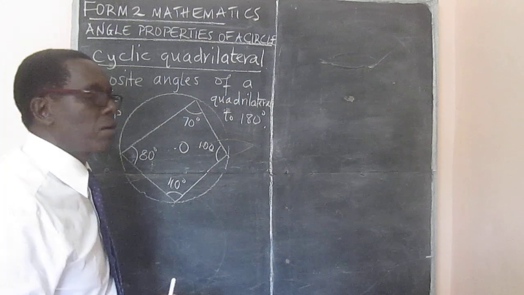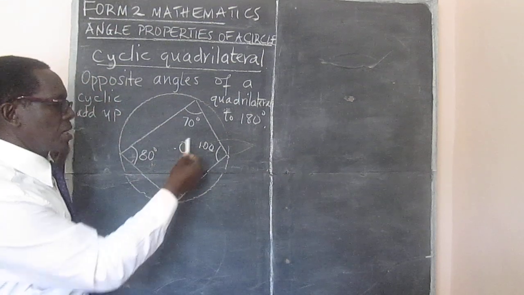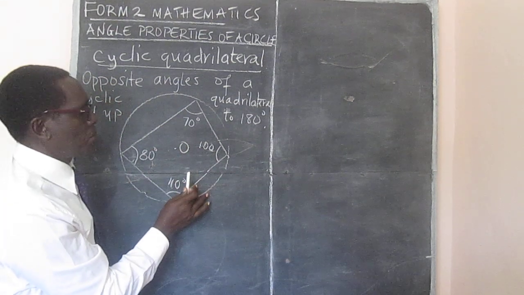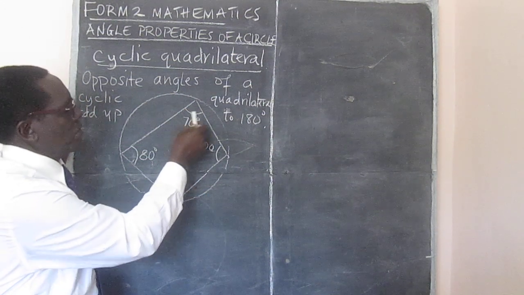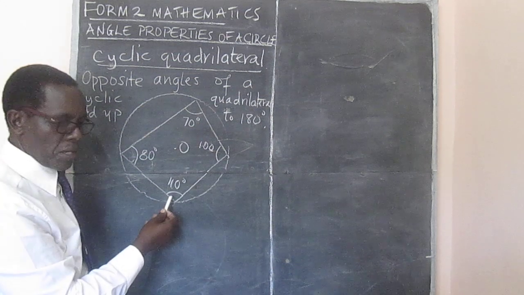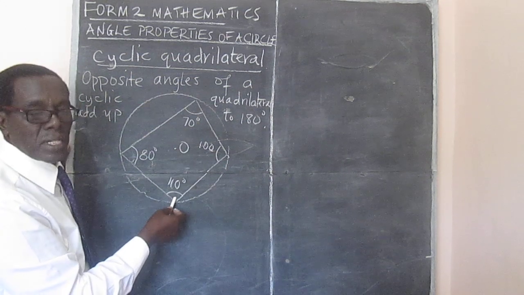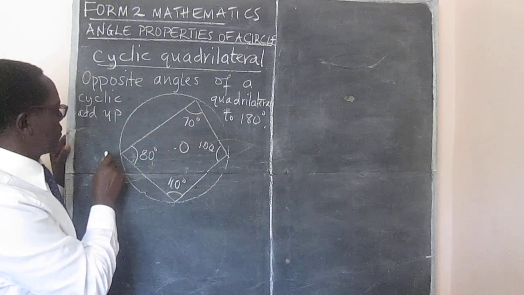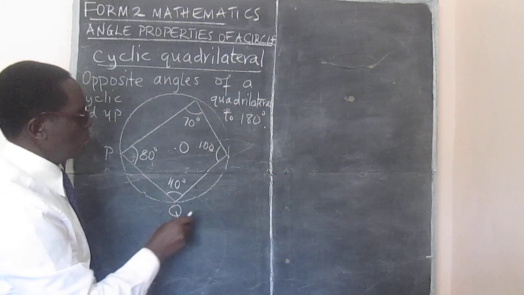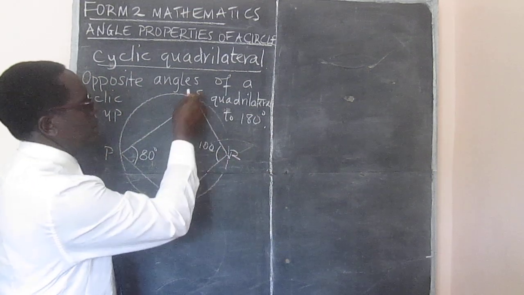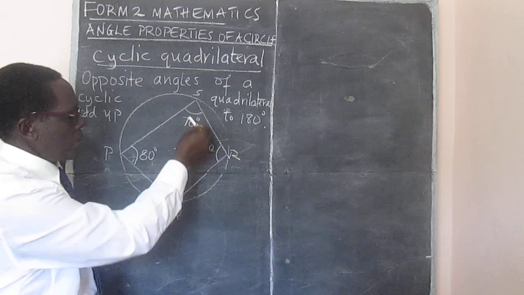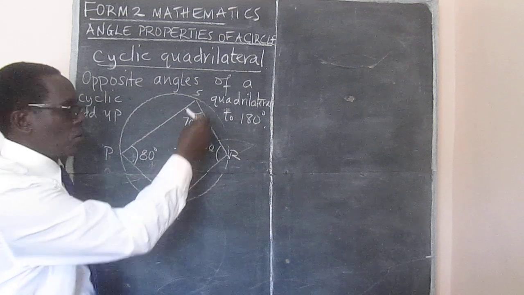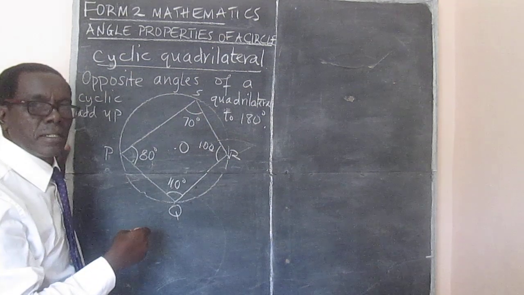So that's the theorem we are looking at today, and we have shown what we are talking about here. If this angle is 70, the opposite angle is going to be 110. If we call this P, Q, R, and S, then we see that the angle at S plus the angle at Q will always add up to 180.